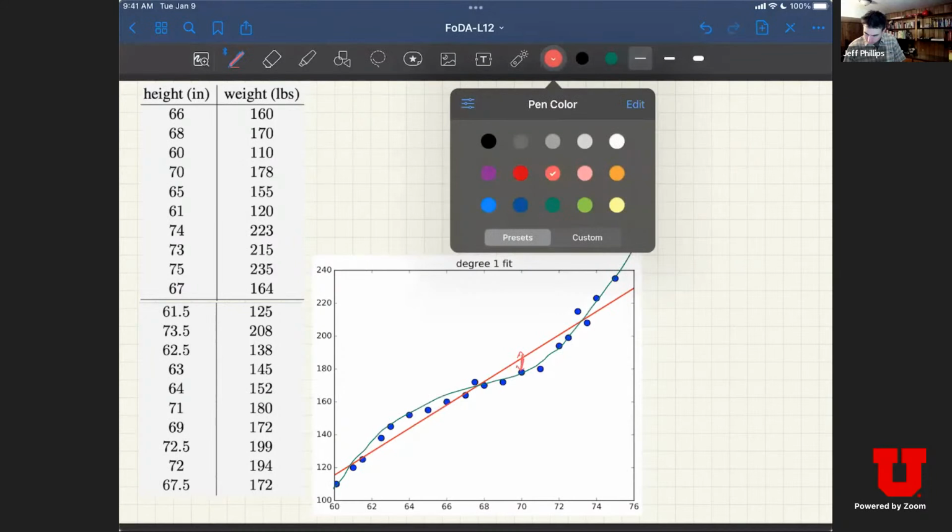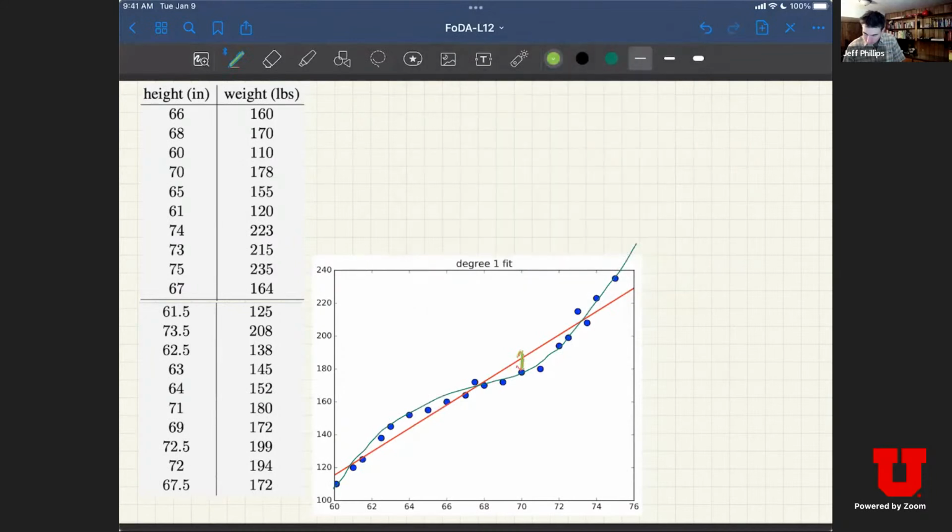in a different color here. The error is still measured in terms of the residual. This is how I measured the residual for the linear model: the distance to the line. When I'm measuring the error on the polynomial model, it's pretty much the same thing.